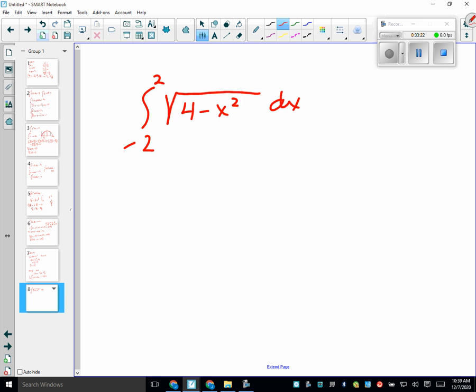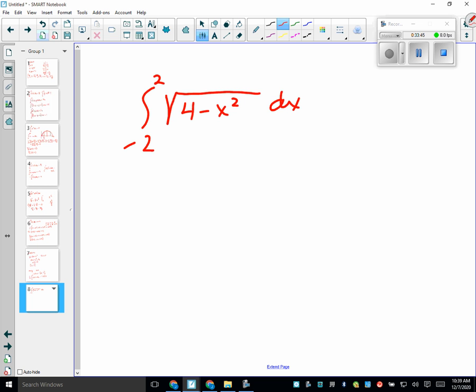Oh, how about that? It's a semicircle. How was I supposed to know? Well, you're supposed to know when it has a squared radical, it is a semicircle. It could be like a semi-football.